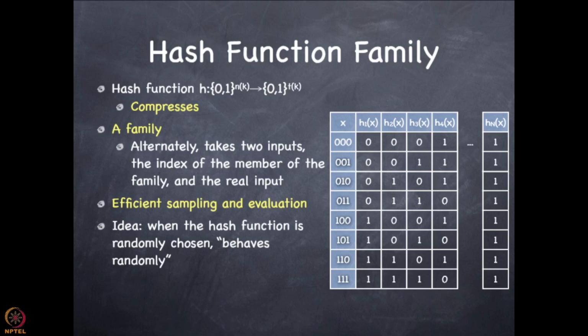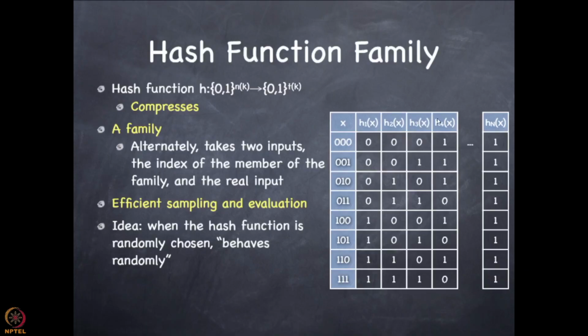And as I kept saying, the expectation from this hash function is that to get all these properties like collision resistance, what we really are hoping is that it behaves like a random function. So imagine this table had all the functions, every possible function, and then you're picking one at random.